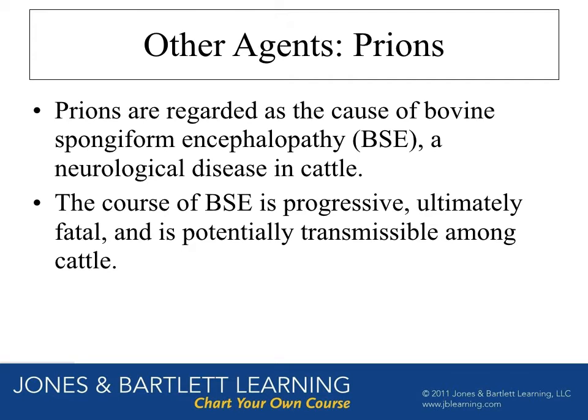Eventually it was discovered that prions, which are, for lack of a better term, a mutated virus, are regarded as the cause of this. And it's progressive, it's ultimately fatal, and it can be transmitted amongst cattle. So there was a big scare in '86.